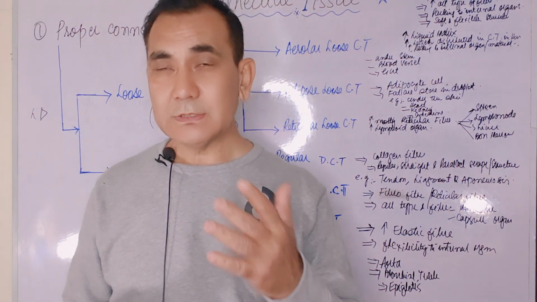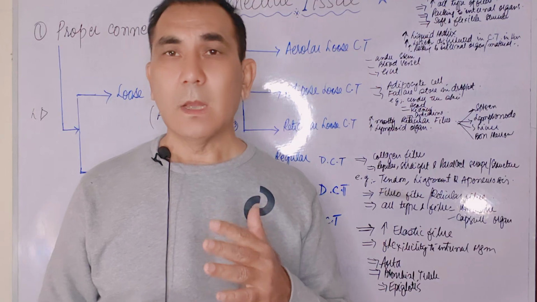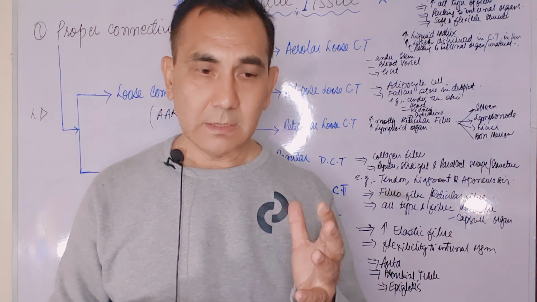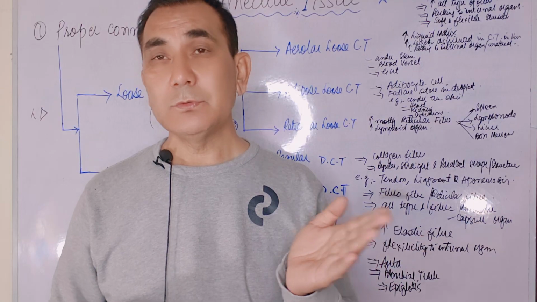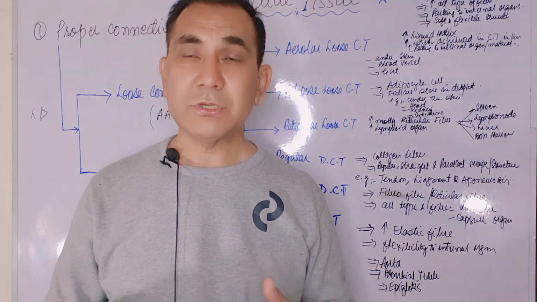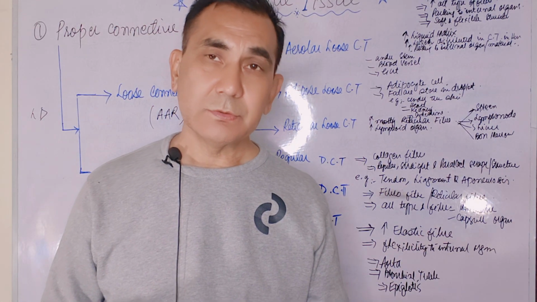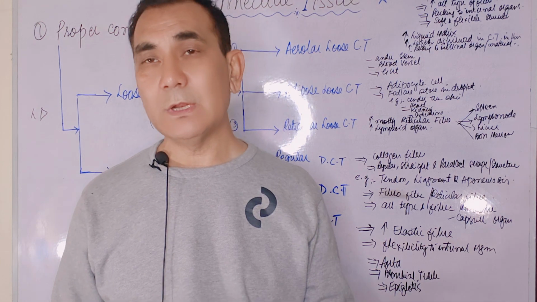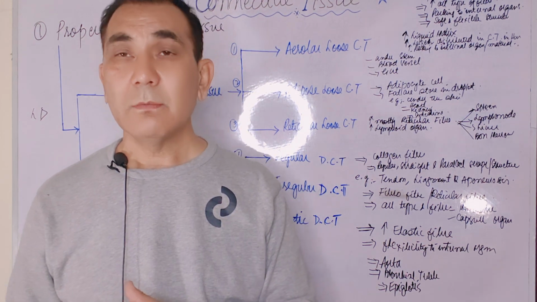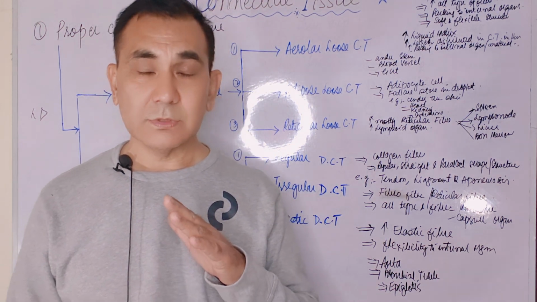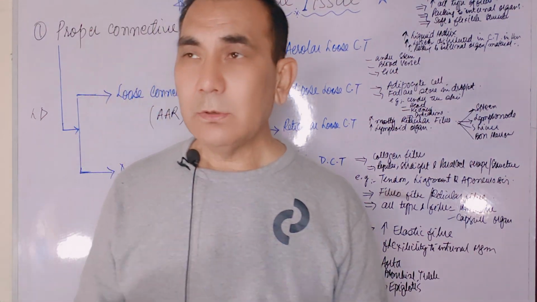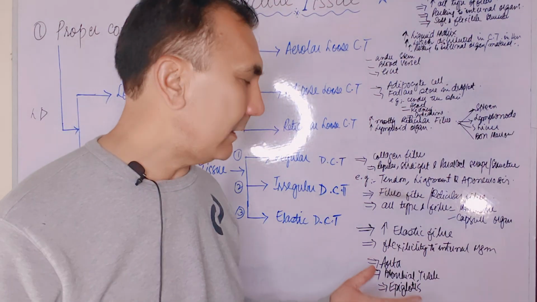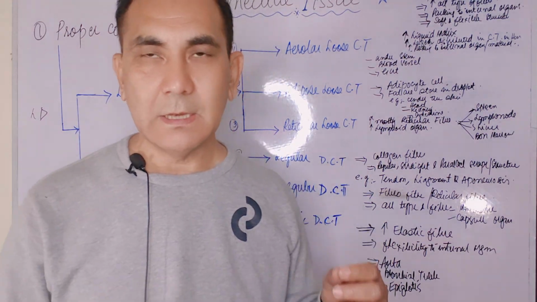And the epiglottis is a flap-like structure present during respiration. It stays open to the trachea during breathing, while during eating it closes the trachea. So the epiglottis, the bronchial tube, and the aorta are made up of elastic dense connective tissues.